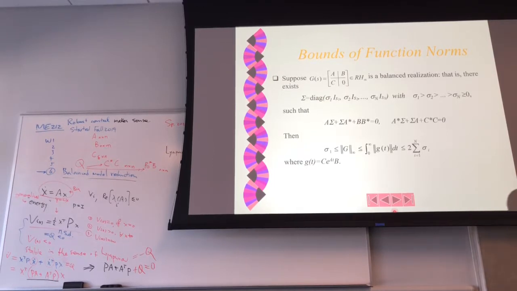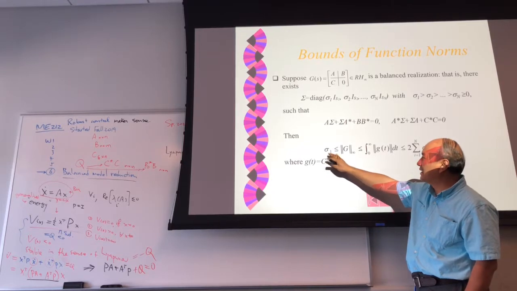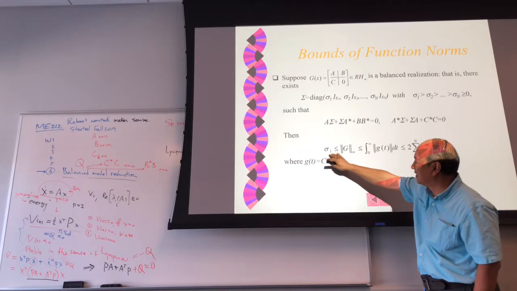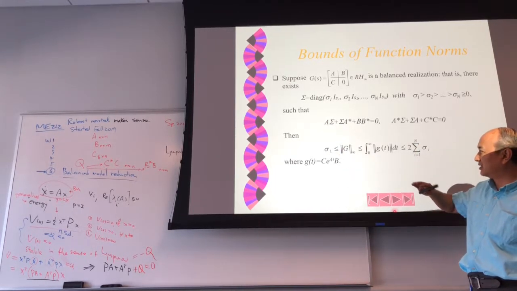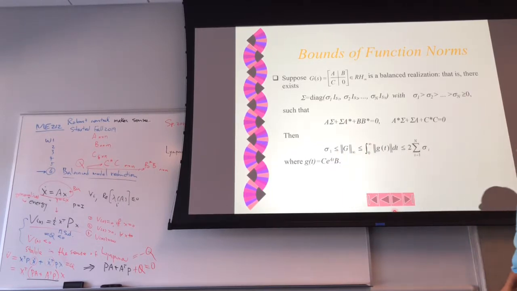So first of all, the maximum Hankel singular value, sigma 1 here, is always less than or equal to the infinity norm. And the infinity norm is smaller than the impulse response function integral norm.